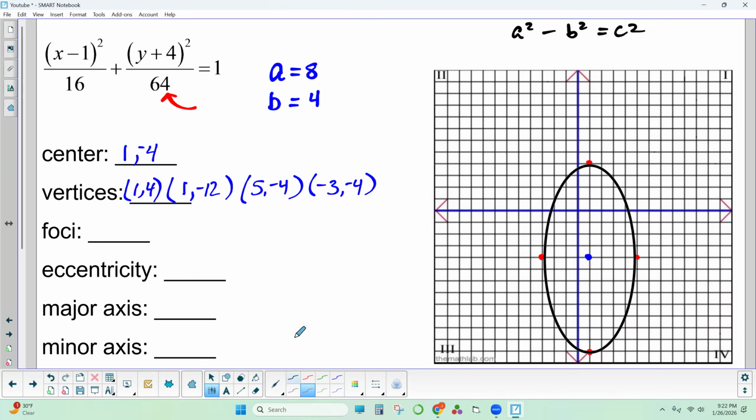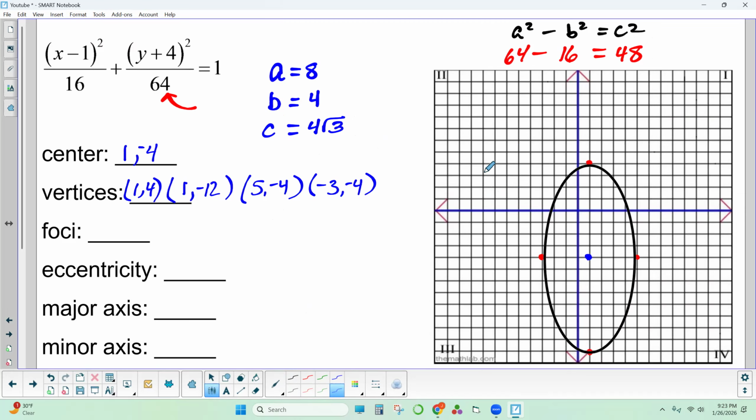Now, a squared is 64. b squared is 16. So we get 48 for c squared, which means that c is the square root of 48. Now, the square root of 48 can be simplified to 4 root 3.